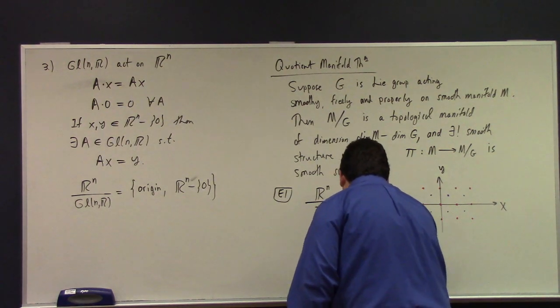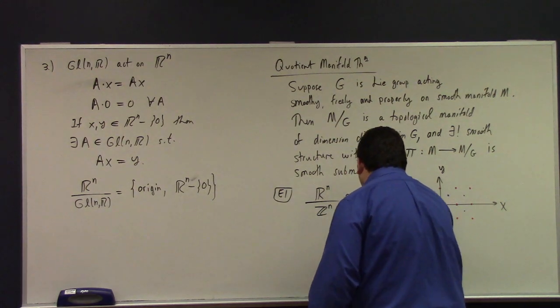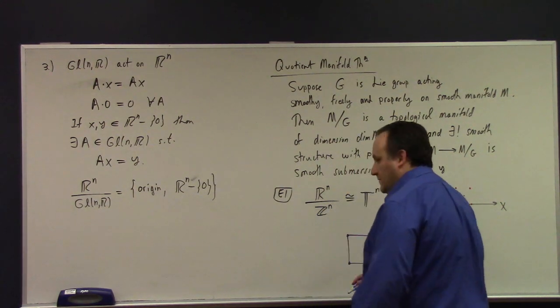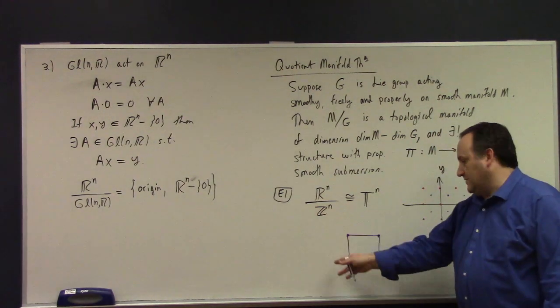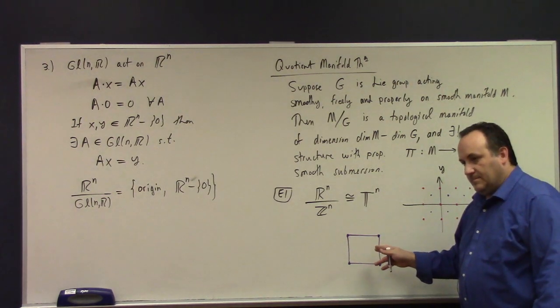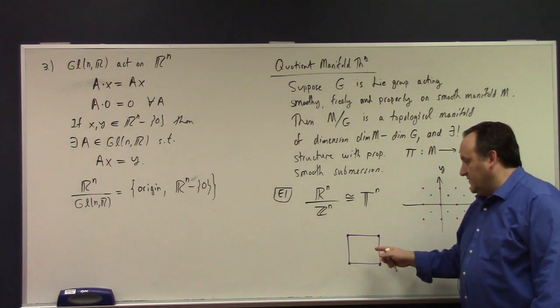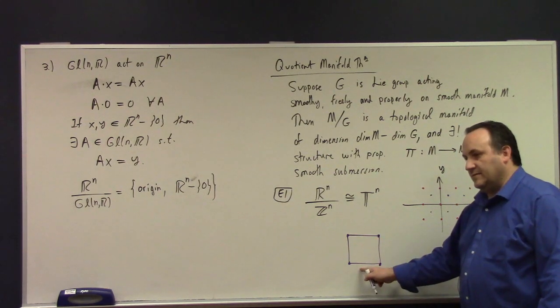Where all four of these points on the end here are in the same orbit. So in this quotient, all four of these points are identified, right? And also this and that are identified because they're just shifted by (0, 1), which is in the integers.